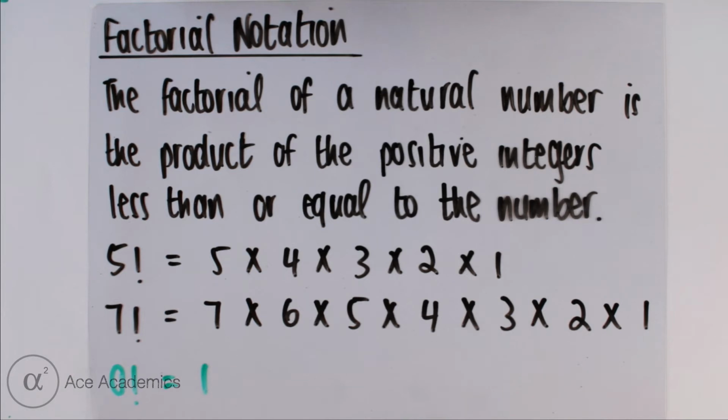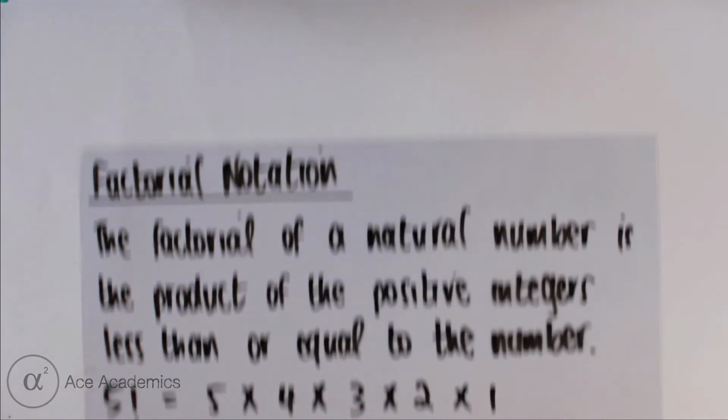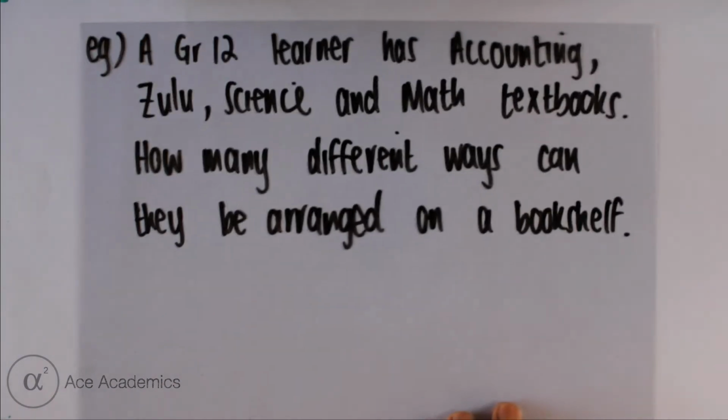I think you get the point. It's important to note that 0 factorial has a strange but interesting property of being equal to 1. So 0 factorial is equal to 1. Now let's look at an example involving factorial notation.